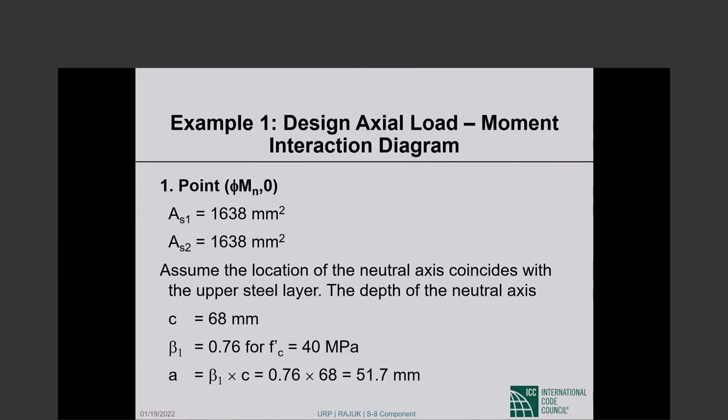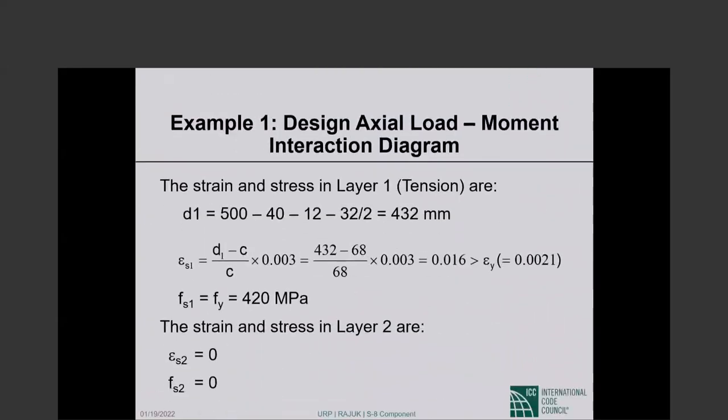So stress block depth a is beta 1 times c, 76% of 68, which is 51.7 millimeters. d sub 1 is 500 millimeters total depth minus 40 millimeters of clear cover minus 12 millimeters, that's the tie diameter, and 1/2 of the 32 millimeter diameter of the bar. That comes to 432 millimeters.